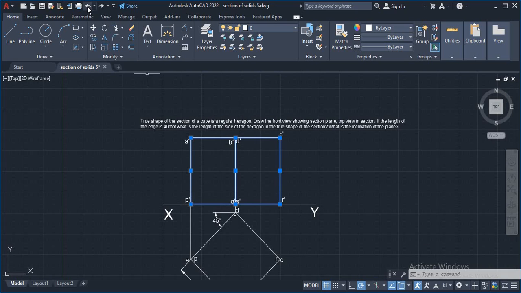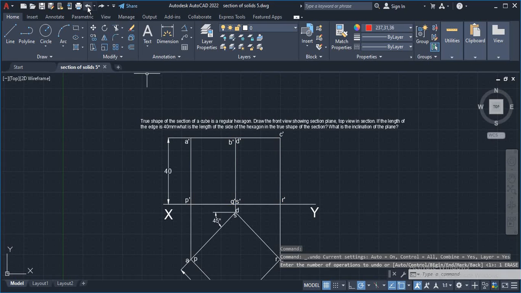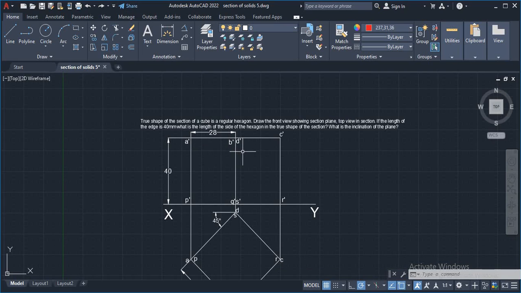Now we have to make a cutting plane. Mark the height 40 mm. And here the distance between A dash and B dash, if you measure, you will get 28.28. So for round off, I marked it as 28. Now we have to construct the cutting plane.